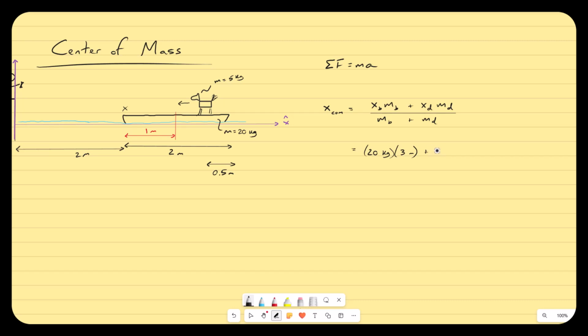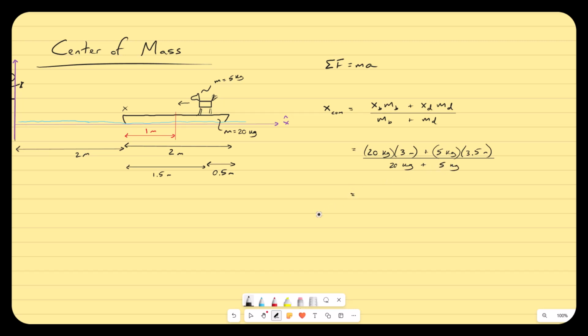Plus, mass of the dog is 5 kilograms. Position of the dog, 2, plus another, right? If that's a half there, then this is 1.5 here. So 3.5 meters. And I'm going to divide by mass of the boat plus the mass of the dog.